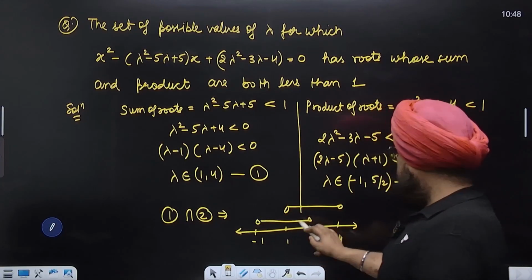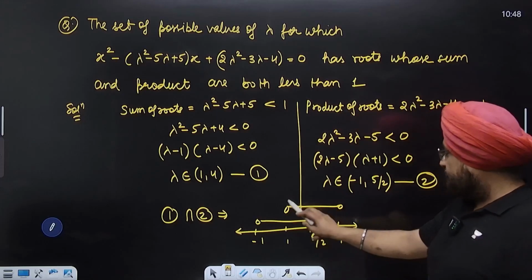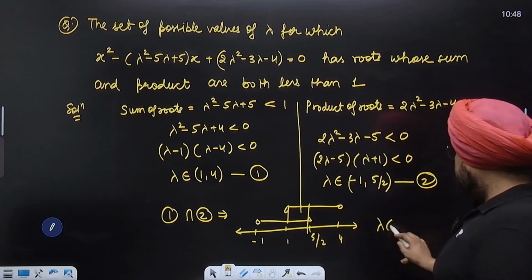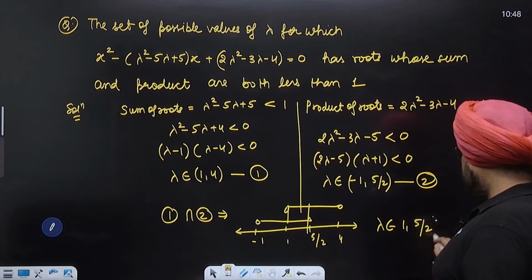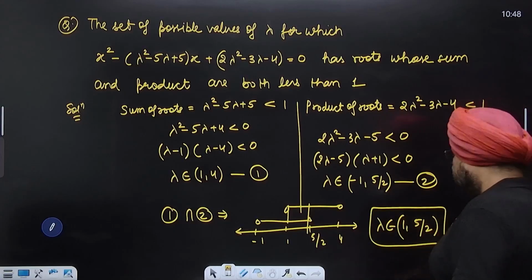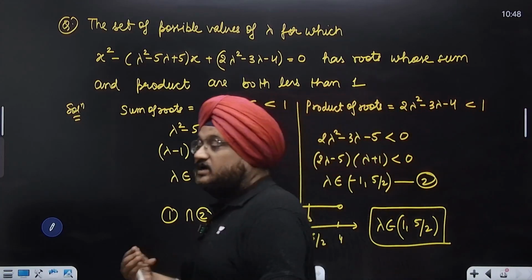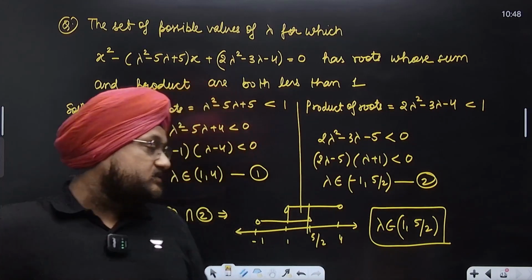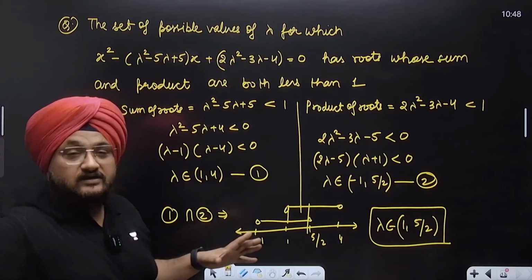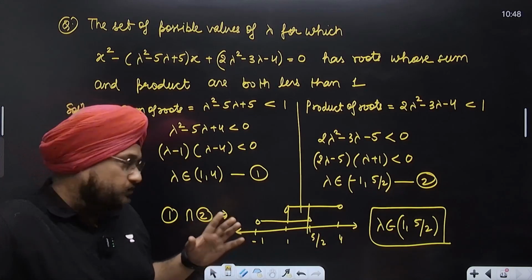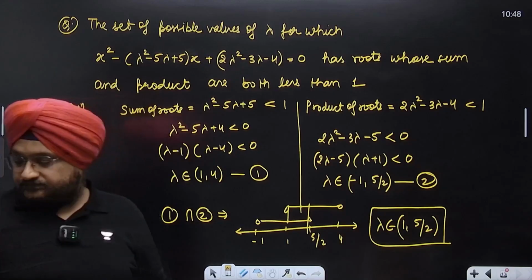According to the second, lambda is from minus 1 to 5 by 2. The intersection will be 1 to 5 by 2. So if we are asked the number of integral values for which this happens, that will be only 1, which is lambda equal to 2. Okay.